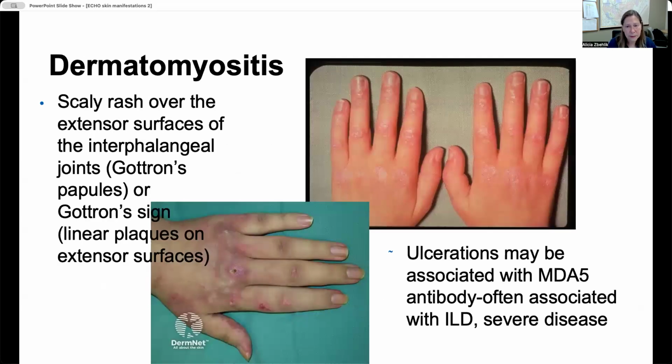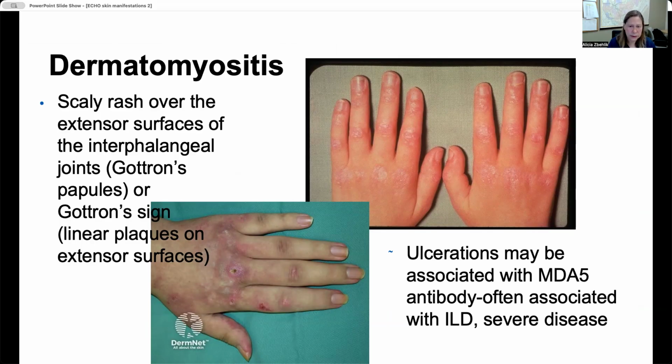Next slide, please. And this is one presentation out of many for dermatomyositis. And as I mentioned earlier with lupus and the rash being in between the joints, here you see examples of Gottron's, which show the rash over, these can be kind of thickened and papular, as well as erythematous, and sometimes even have ulceration, and they tend to be over joints.